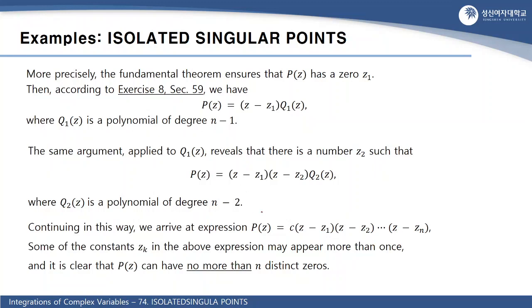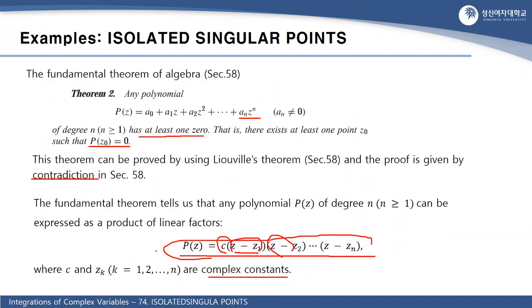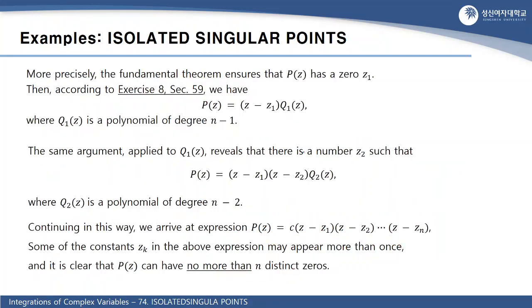Let's just check it more precisely here. Here we are going to check how we can derive this product of linear factors. Okay, first, the fundamental theorem ensures that p of z has a zero z1.